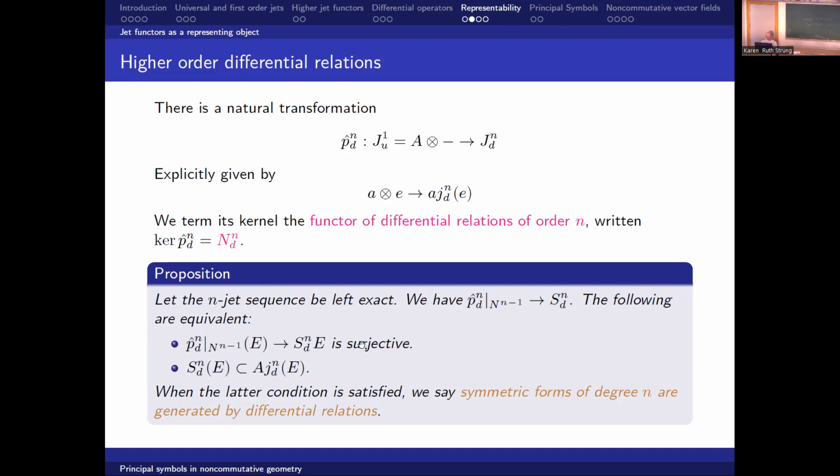That map being surjective is equivalent to S^n E being valued in this left module generated by prolongations of E. And if either of these is satisfied, we'll say that symmetric forms of degree n are generated by differential relations. And this will be very important for getting representability of differential operators by jets.